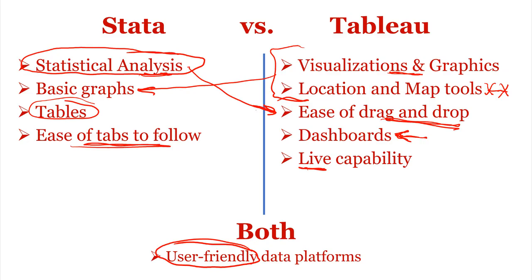But within Tableau, you can't save those joined files. You can't save that as a new Excel file or a CSV. But in Stata, the benefit of being able to join different tables, whether it's right, left, whatever it may be, is that you can save that data set from scratch as the joined one. So I think that's a great benefit of Stata, and that will be the next pod class.